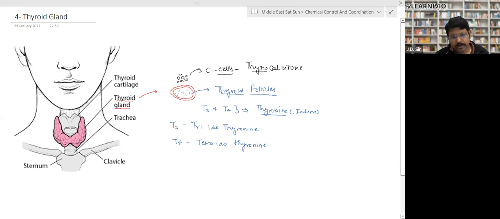So in a nutshell, there are three hormones secreted from the thyroid gland: thyrocalcitonin, triiodothyronine and tetraiodothyronine, right? Please first take a screenshot or note it down. Then draw this small diagram. Then I will make you write it down.